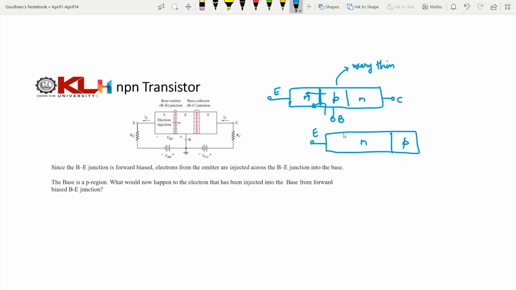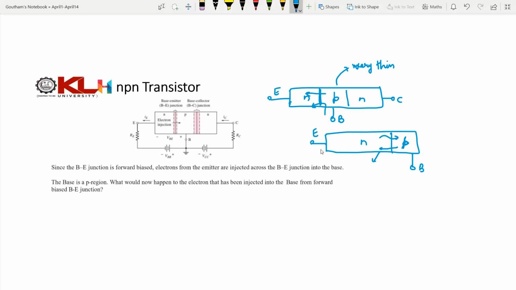This is my emitter and this is my base. See what is happening here. From the operation of the diode, the majority carriers on the P side are holes, so they diffuse through the junction to the N side. The majority carriers on the N side are electrons, and they diffuse from the N type region into the P type region, but the net current flow is always in the direction of holes.